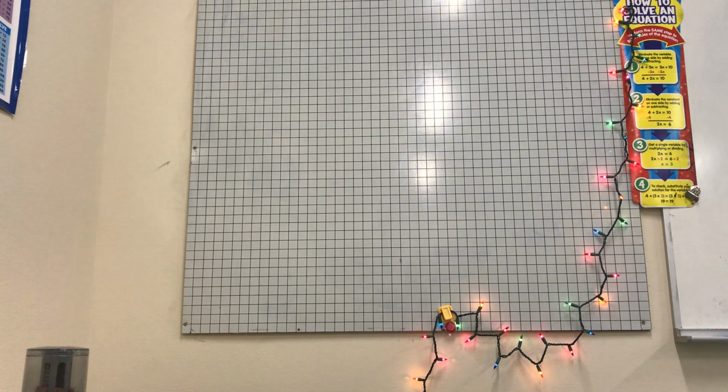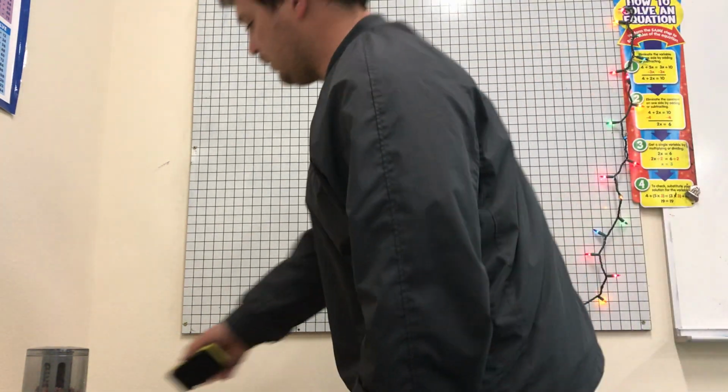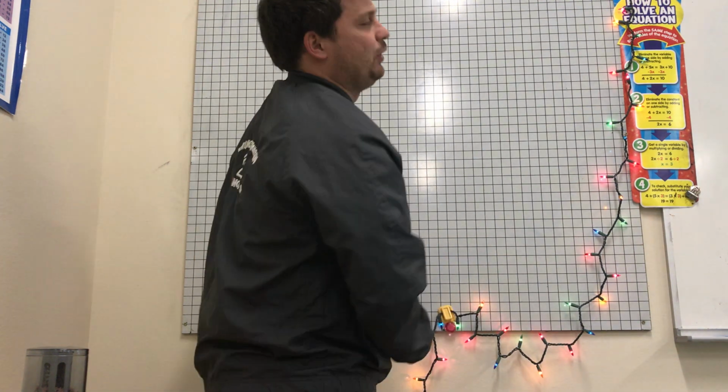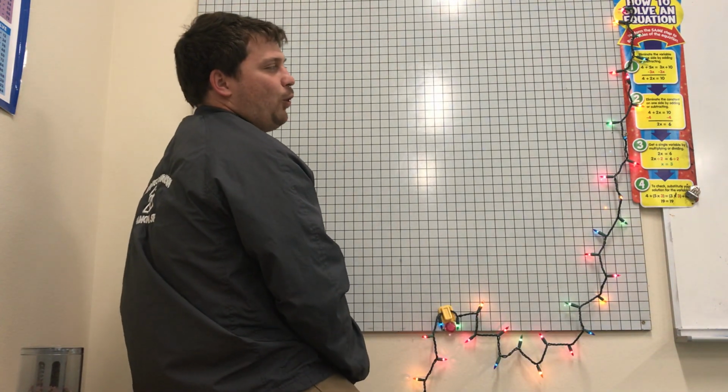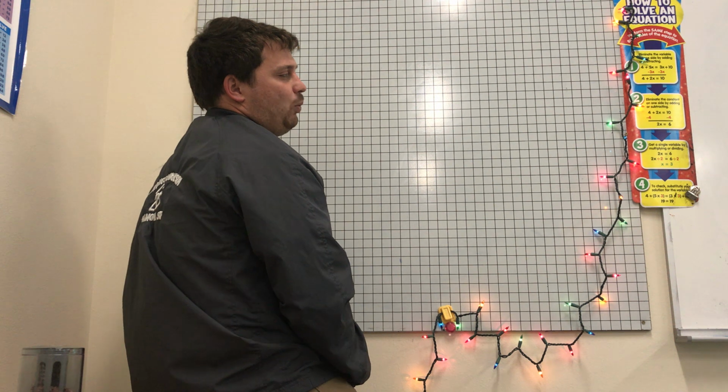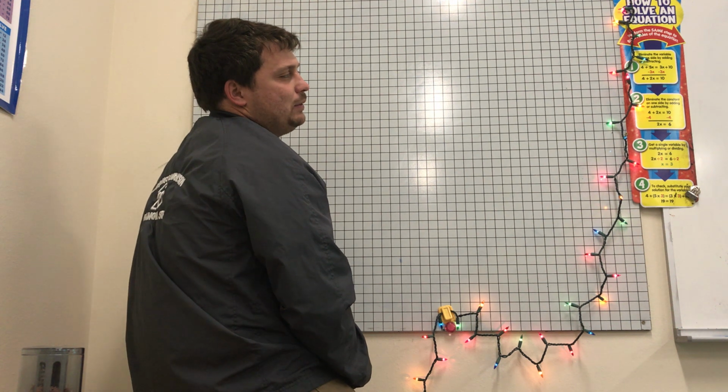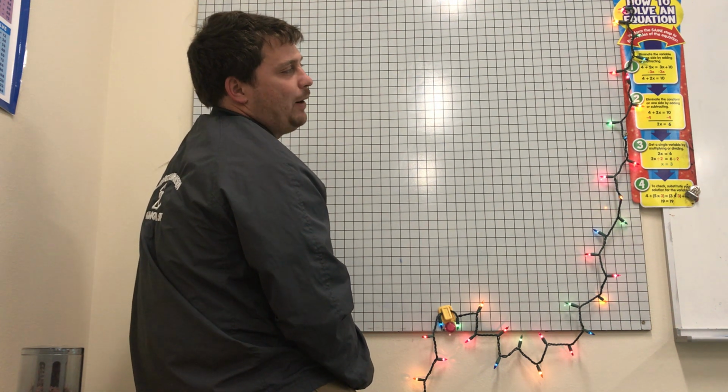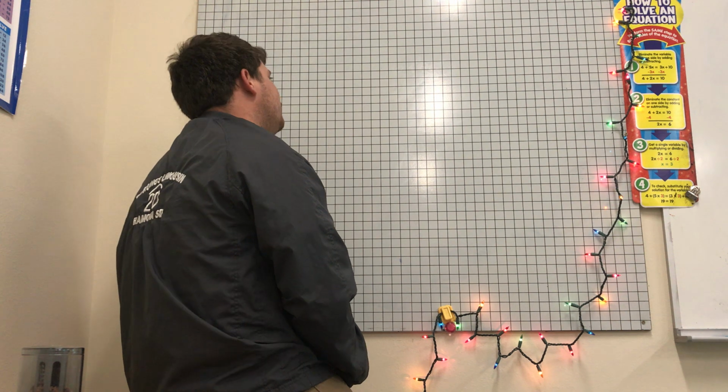After how many months did the alligators weigh the same amount? Okay, so alligator 1 initially weighed 4 pounds and has a growth of 1.5 pounds per month. Alligator 2, initial weight was 6 pounds and grows 1 pound every month.